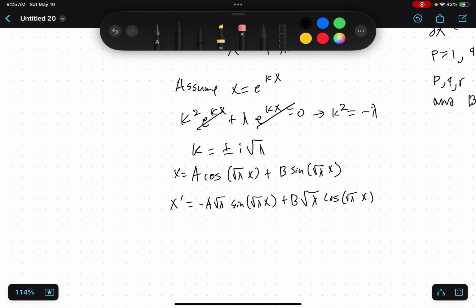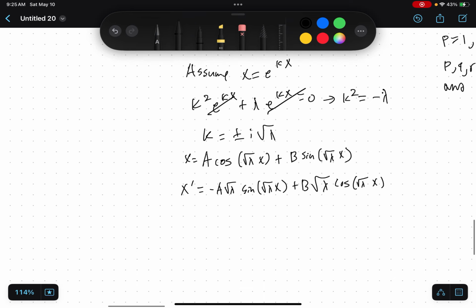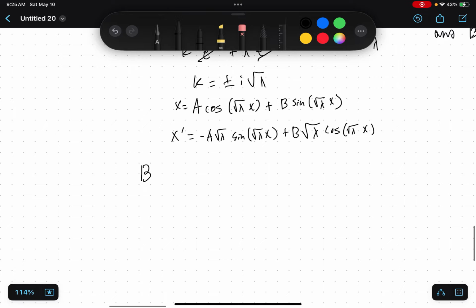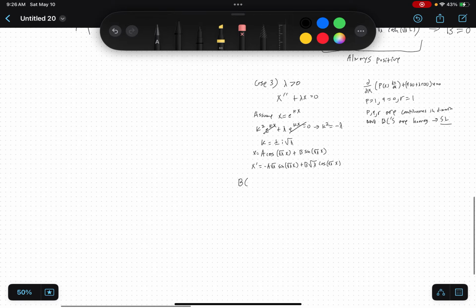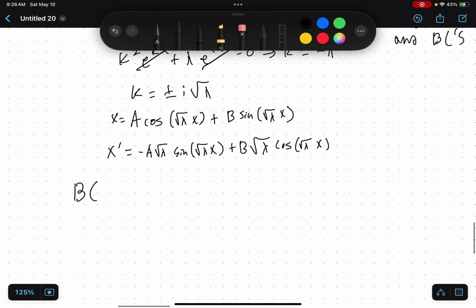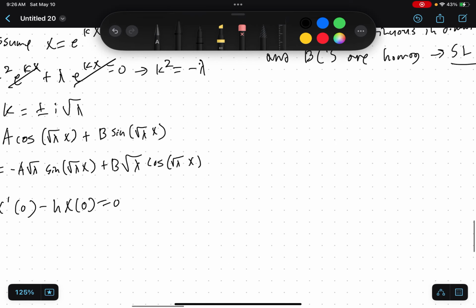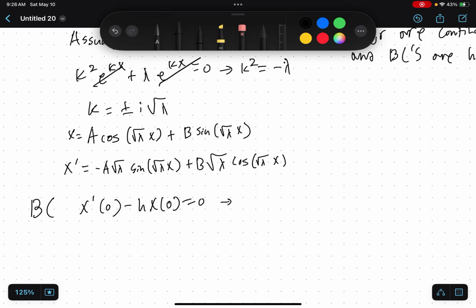I think that's right. Yep. Okay. So now we can plug in our boundary conditions. I'm not even going to go up there, I have it written down over here. So this will give us x prime at 0.